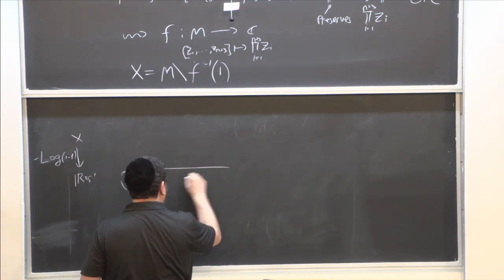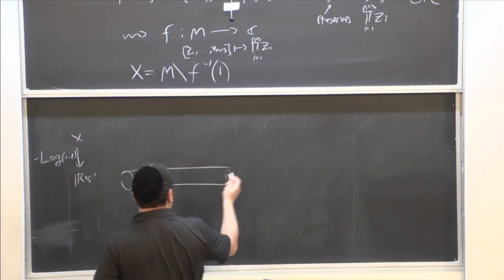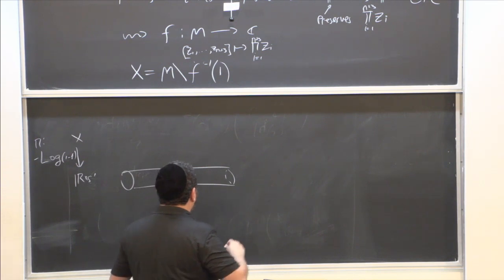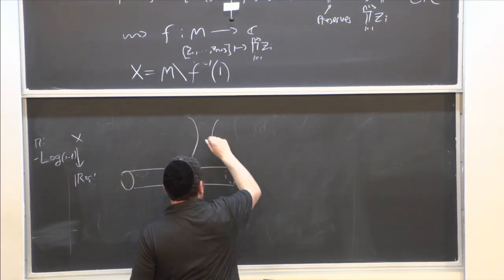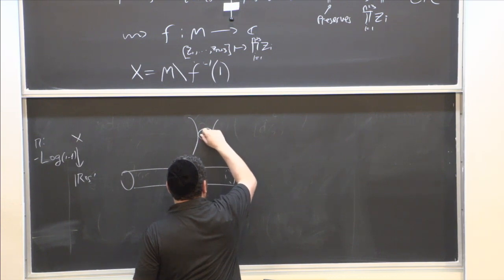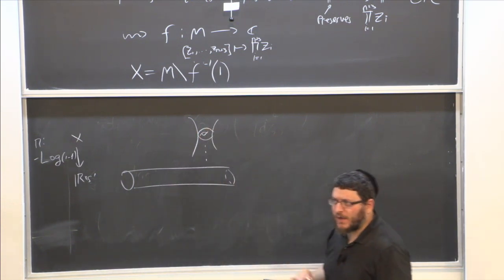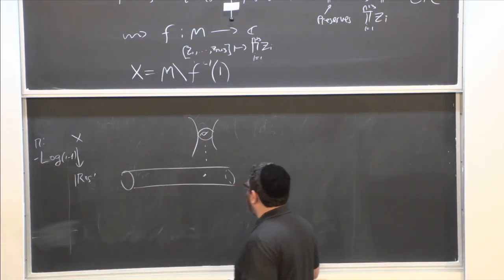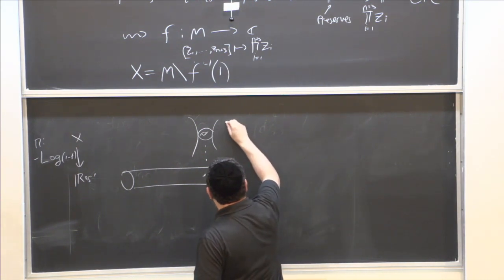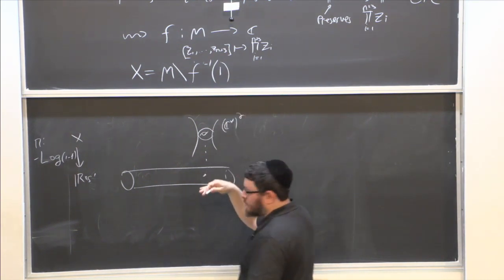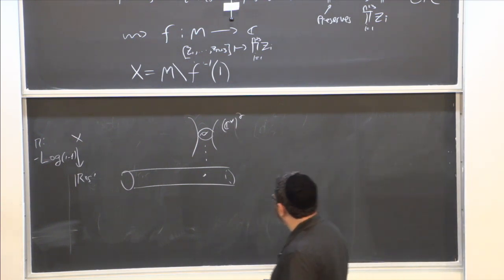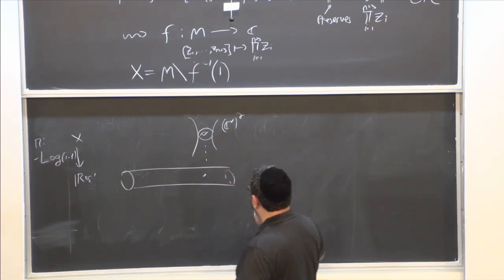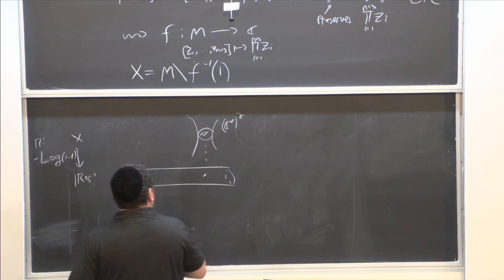This is our cylinder, and let's call this function pi. The generic fiber, the pre-image for a generic point, will be a copy of (C star) squared, and we can think of this (C star) squared as foliated by Lagrangian tori, which in a minute I will describe.